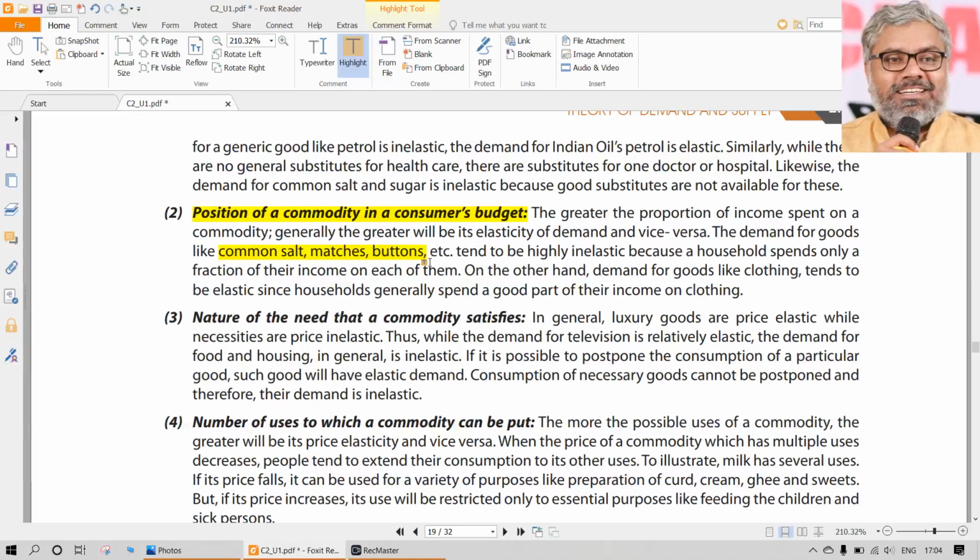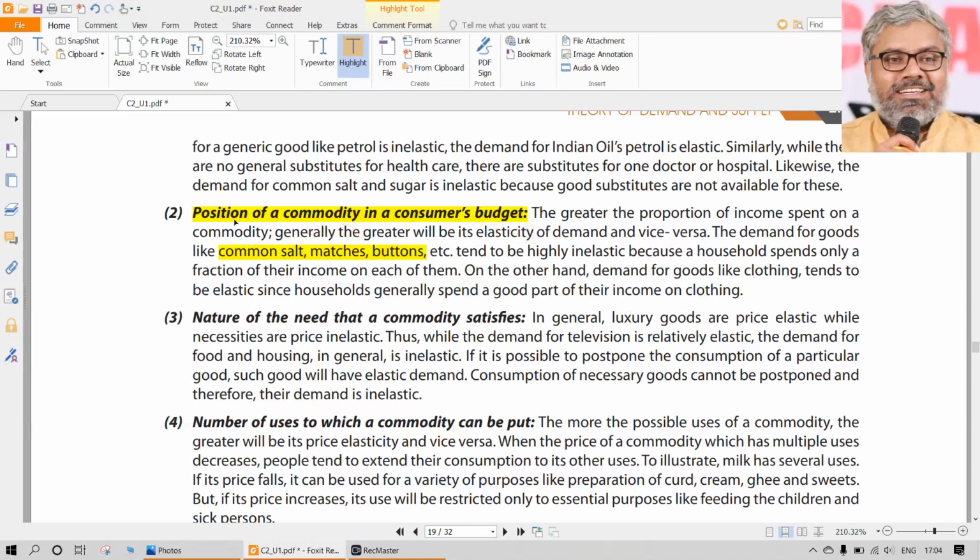Salt is very important. But still, it is not so expensive that it occupies an important position in a consumer's budget. Consumer's budget means the normal consumer's monthly expenditure pattern. In that, common salt and the like will not have a huge role to play, which means they are not going to be much important for a consumer in his monthly expenditure.